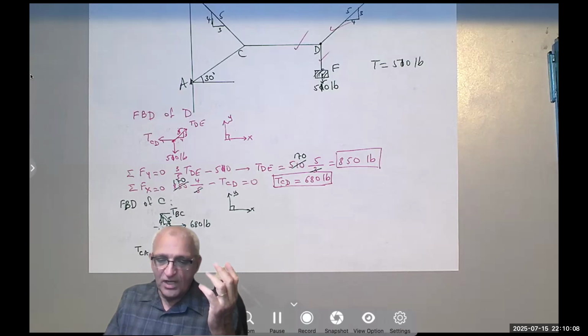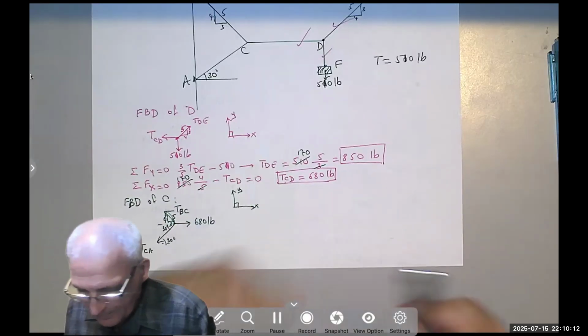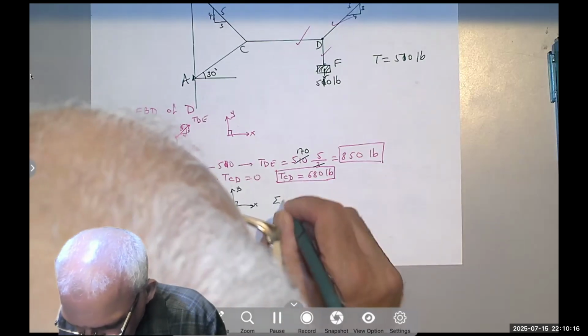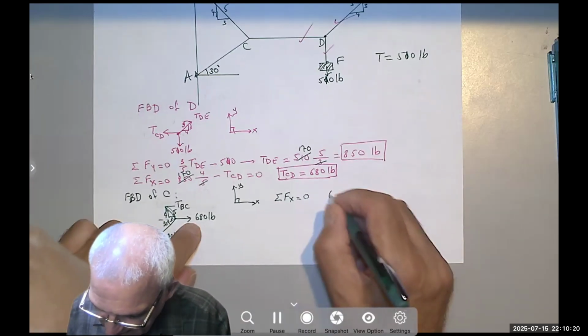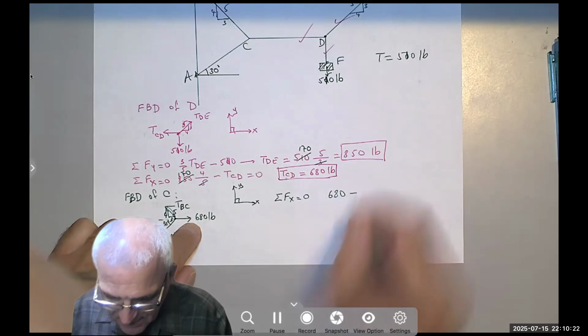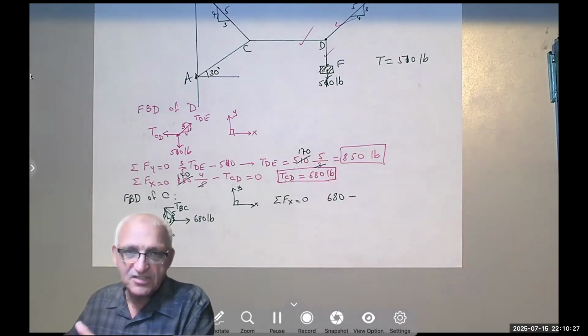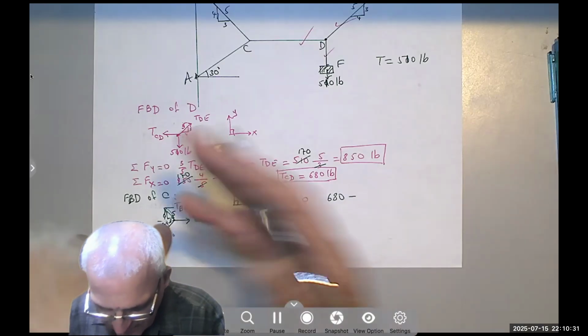I cannot solve one and one, like I was lucky in the first place. So here I'm going to write the two equations. Summation of the forces in the X equals 0. I have 680 is positive, minus, or I can say equals. Instead of saying minus equals 0 and then moving them, I can say 680 equals, or let's leave it like that.